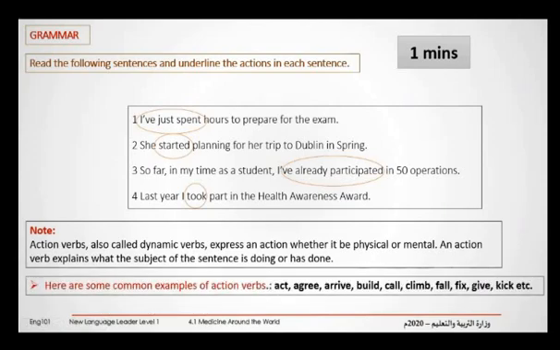And here are some common examples of action verbs: act, agree, arrive, build, call, climb, fall, fix, give, kick, etc.